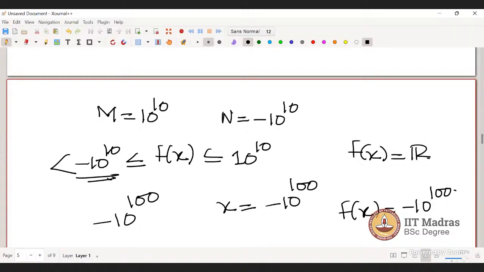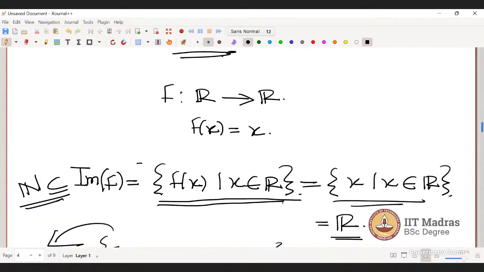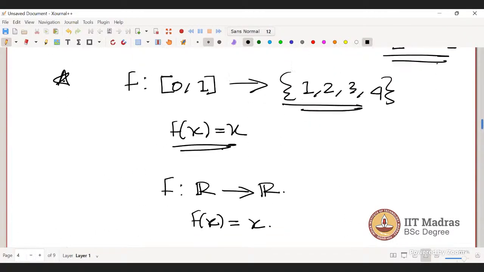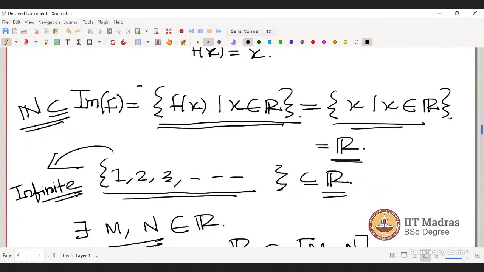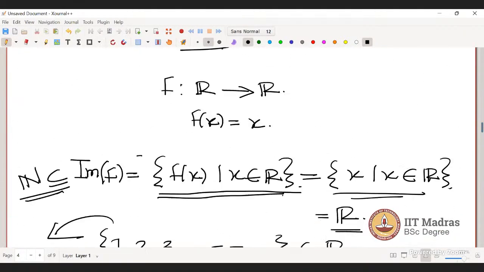It's not bounded. Is it clear? Hello, am I audible? Yes. So is it clear why this function is not bounded? Yes, sir.